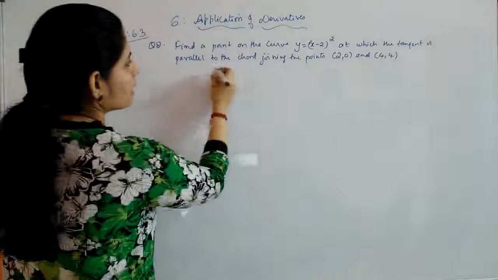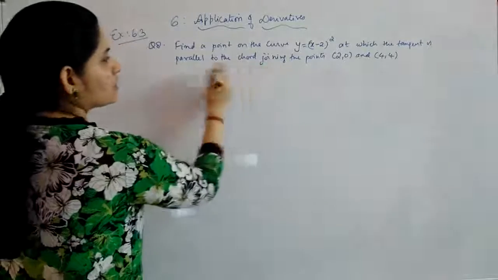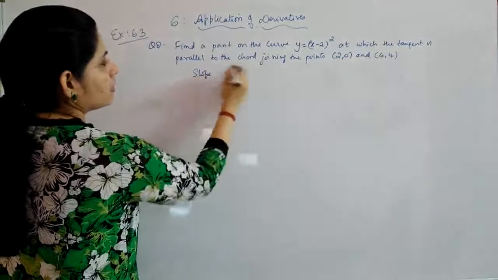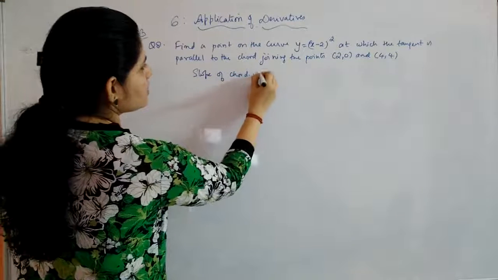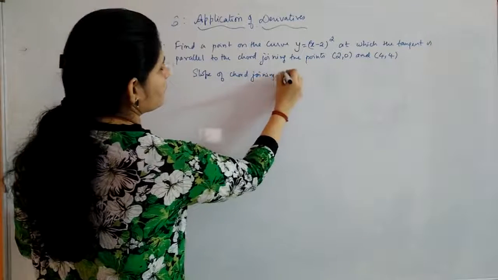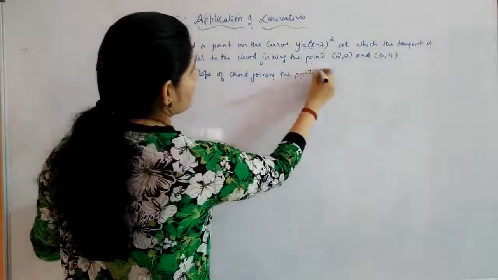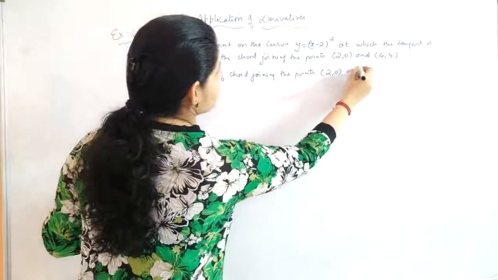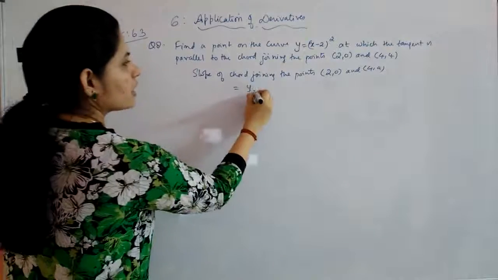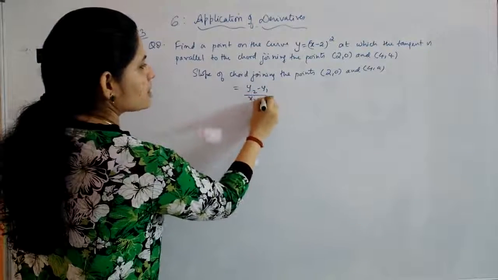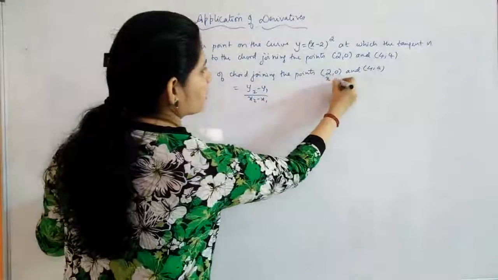So first we will start with the slope of the chord joining the points (2, 0) and (4, 4). You can use y2 minus y1 by x2 minus x1, because the points are given here.